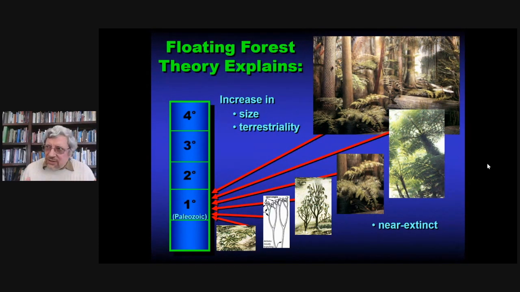One thing about this theory is that if we did have a floating, continent-sized floating forest before the flood, it could never have regenerated itself after the flood. God could have created a forest like that on the ocean, and it would have been quite stable on the ocean, staying out to sea. But once the flood had occurred and it was destroyed, the oceans are too unstable to ever allow anything like this to recur.